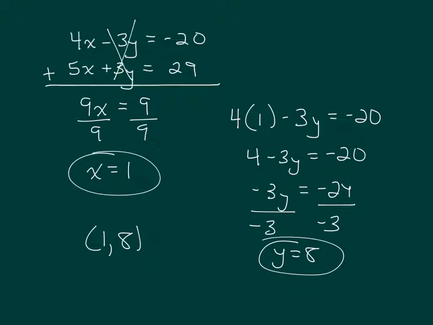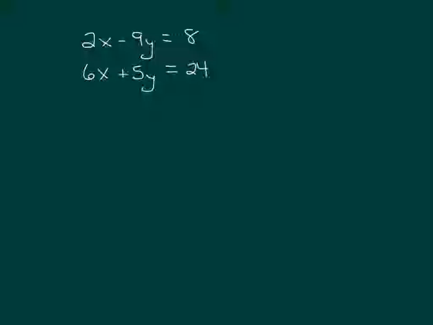Now there's one more situation that might come about. Here again, we can always default to the standard. Multiply the top by 6, the bottom by negative 2. But if we notice, 2 goes into 6. So I'm just going to multiply 2 to make it an opposite.